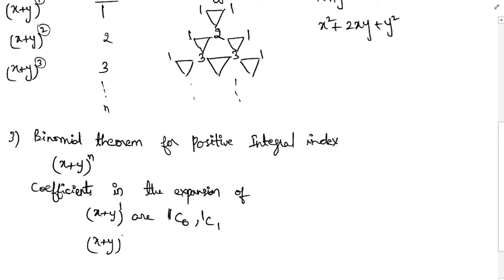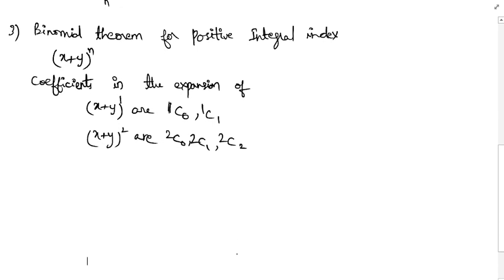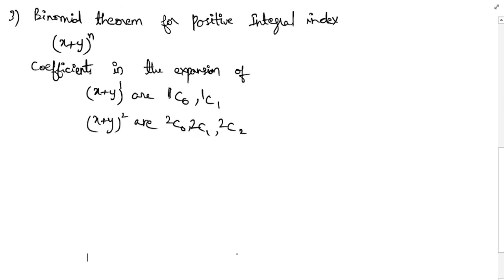For x plus y whole square, our n is 2, right? So 2C0, 2C1, 2C2. Similarly for x plus y whole cube it will be 3C0, 3C1, 3C2 and 3C3.